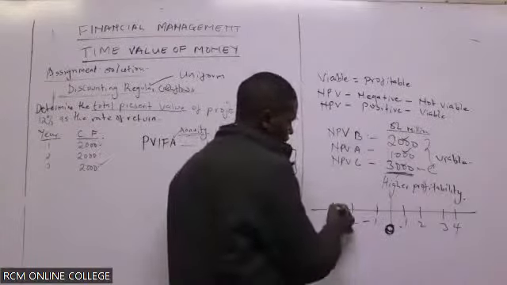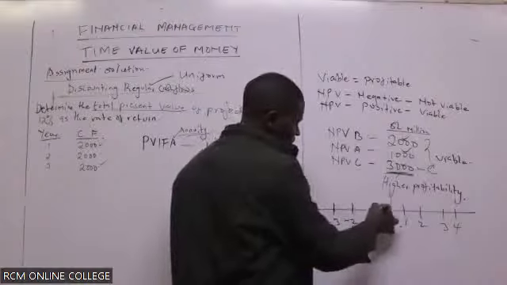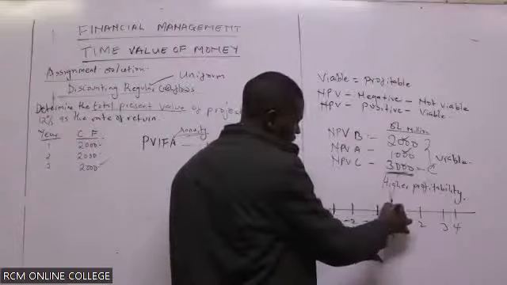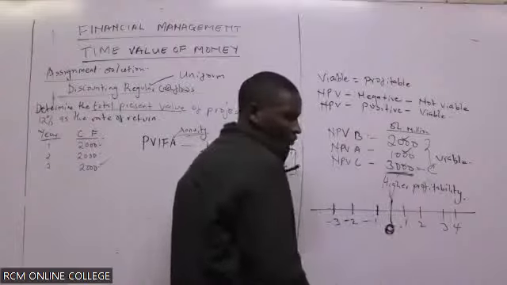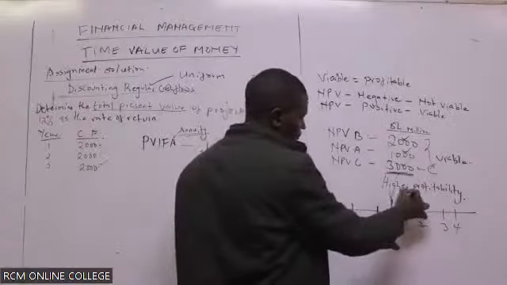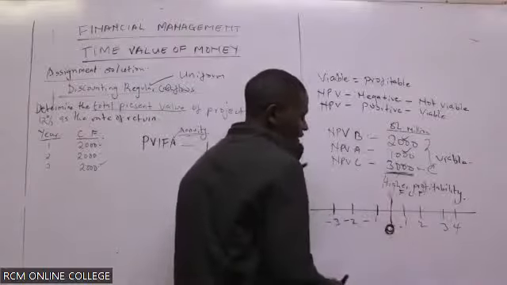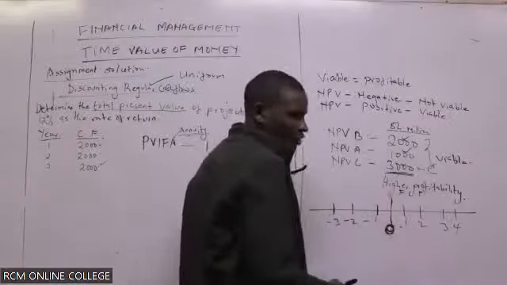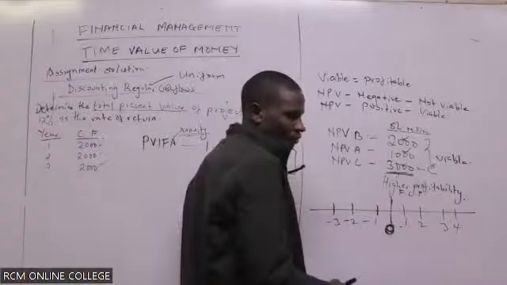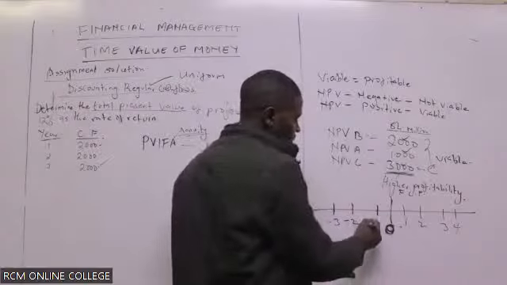We have future value or future cash flow. We want to bring them into the present. So what will we do? We go backwards.